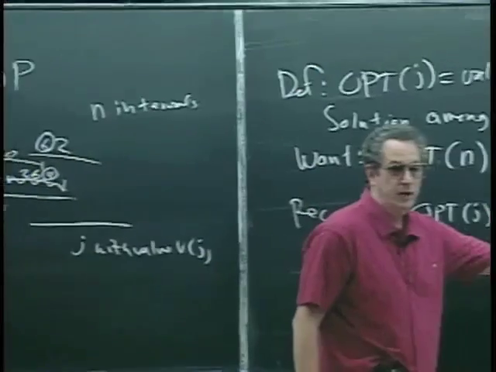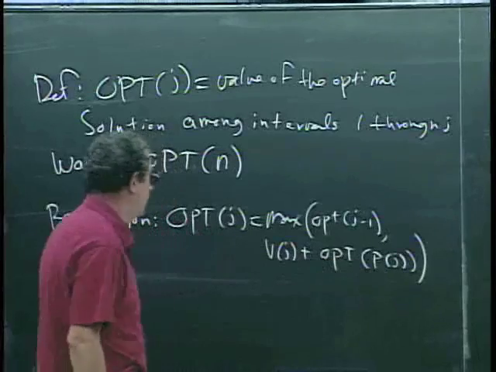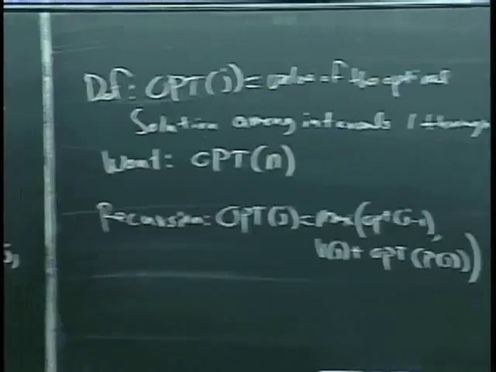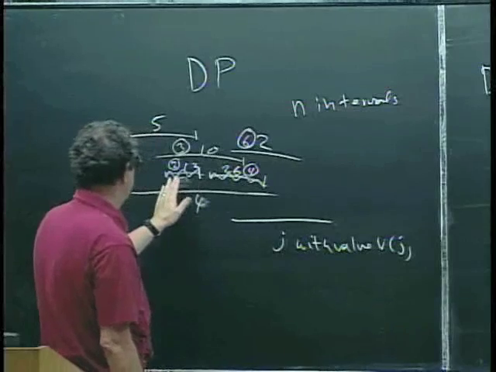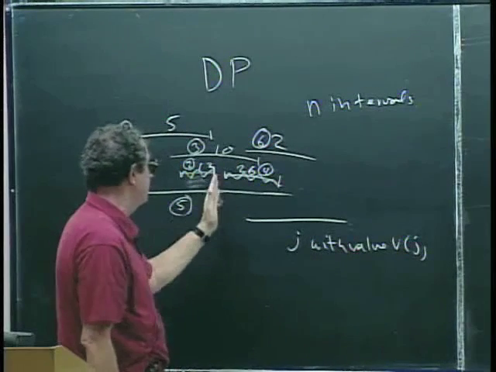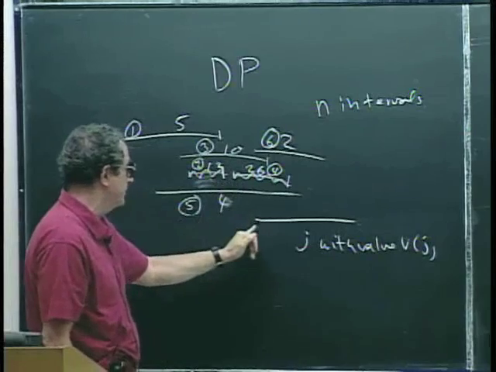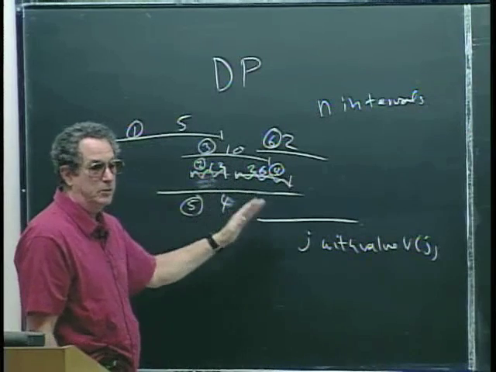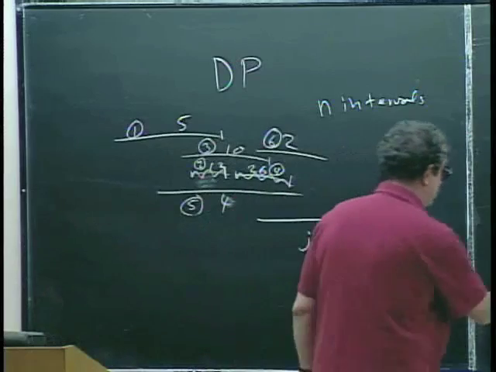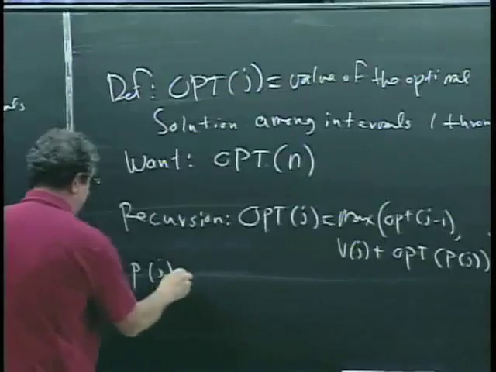Now what was p j? p j for an interval j is the interval that's closest to j but non-overlapping. Its finish time is the closest to the starting time of j, but it doesn't overlap j. p j is an interval.